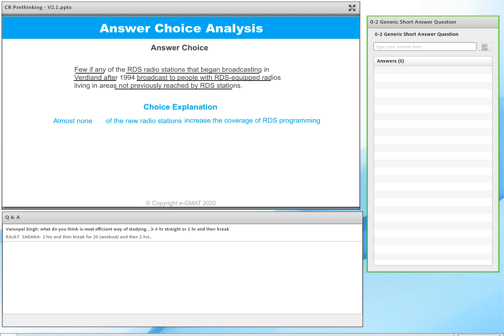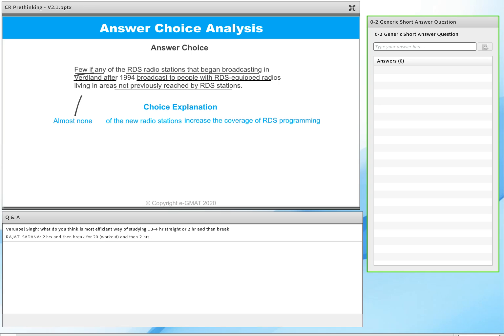Choice A says, few if any of the RDS radio stations that began broadcasting after 94 broadcast to people with RDS equipped radios living in areas not previously reached by RDS stations. Visualizing answer choices is very important. Let's translate this and visualize this.